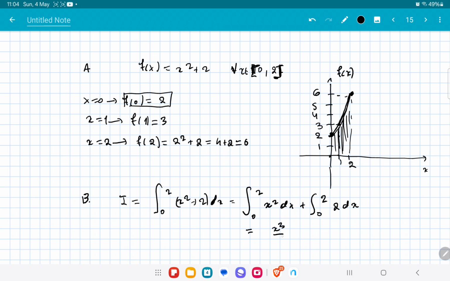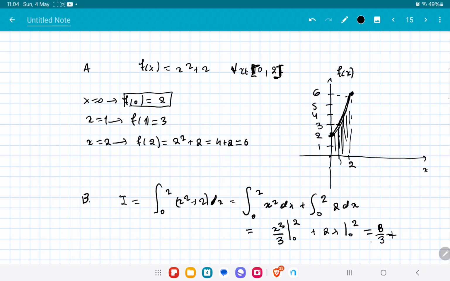The integral of x squared is x cubed over 3, and the integral of 2 is 2x. So it's 1 over 3 times 2 to the power of 3 is 8, so it's going to be 8 over 3.